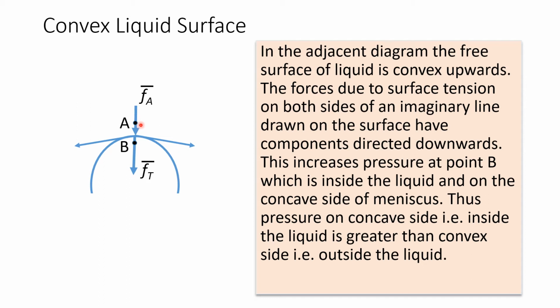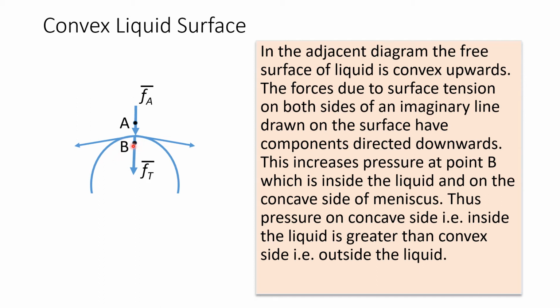It also acts in the downward direction. So Fa bar is the force due to atmospheric pressure and Ft bar is the force due to surface tension. Both act in the downward direction, and therefore the pressure at point B, which is inside the liquid and on the concave side of the meniscus, increases.